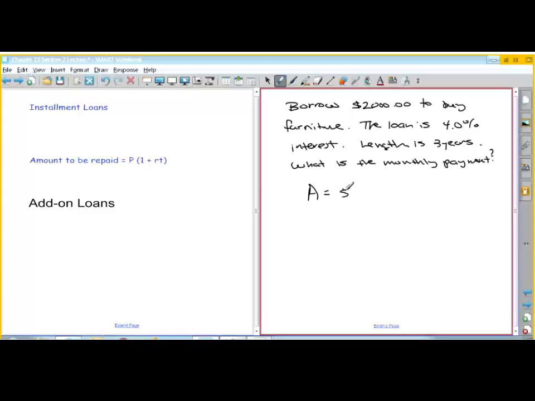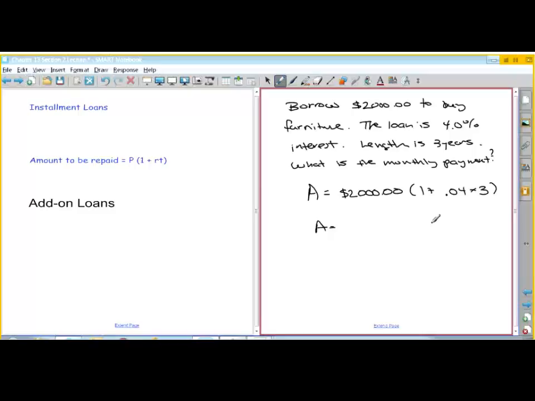So the amount that you have to pay back is going to be equal to $2,000, which is the amount, using this formula right here, times 1 plus the interest rate in decimal form, so it's 0.04 times 3 years. So if I borrow $2,000 for 3 years, this is how much I have to pay back after 3 years.